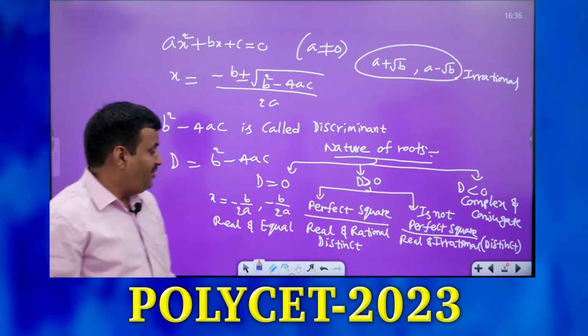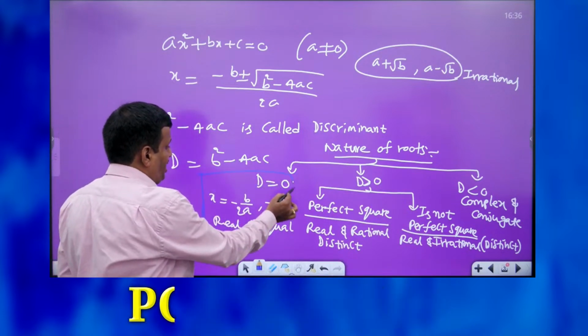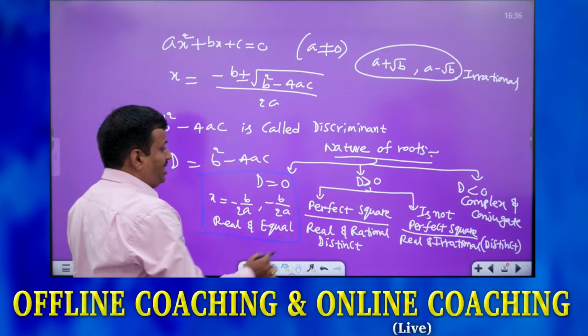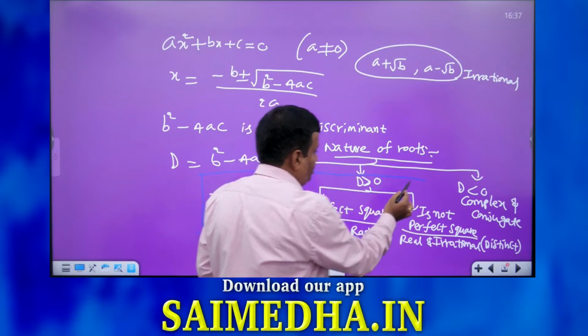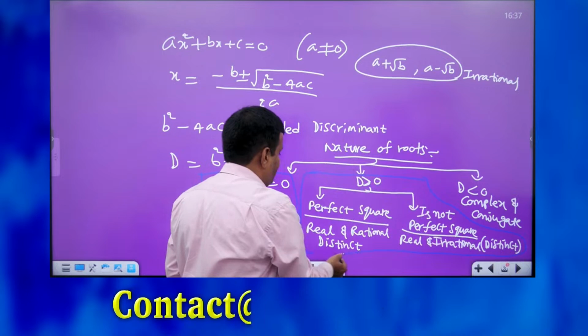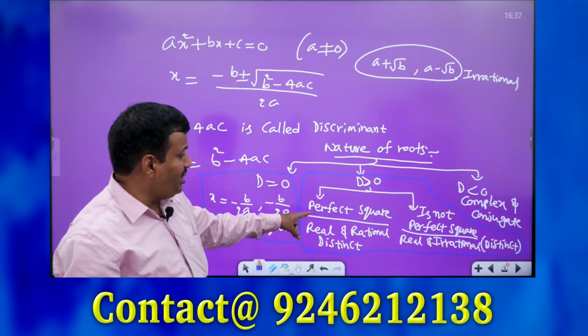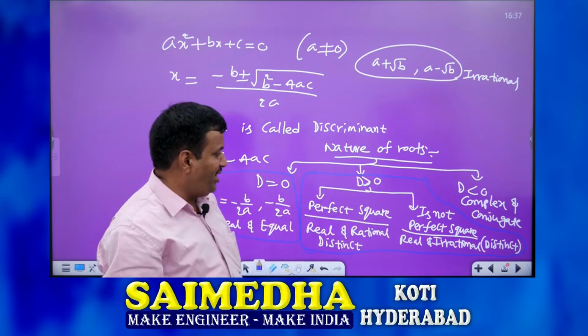If D equals 0, this is one case. D greater than 0 is the second case. If D is greater than 0, two cases depend on the D value: if it is a perfect square and if it is not a perfect square.